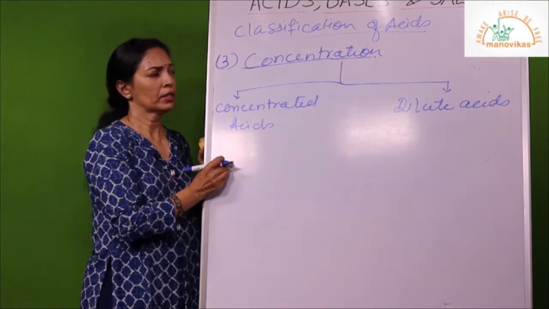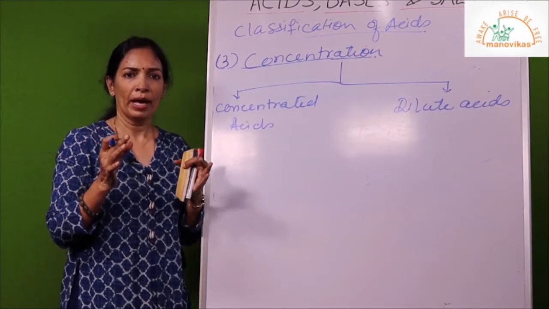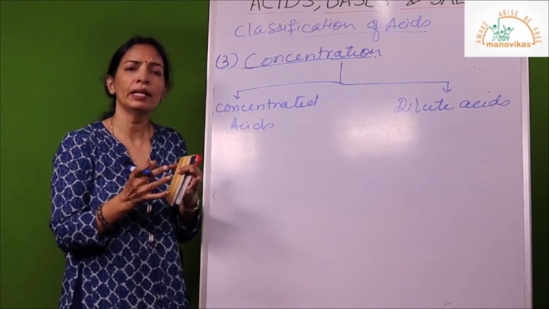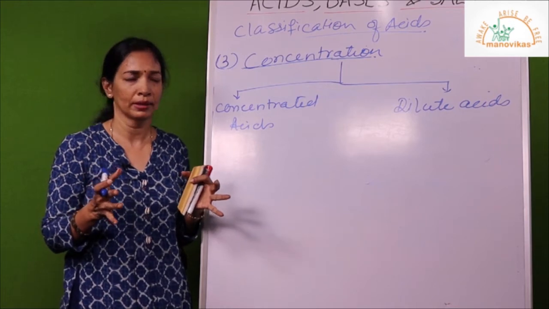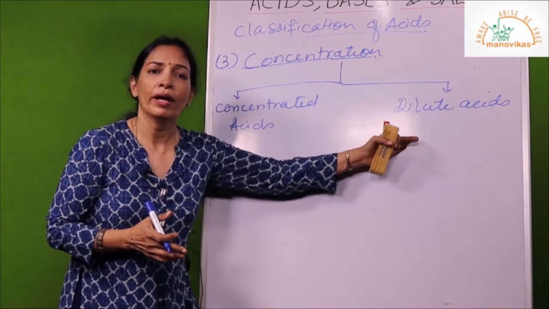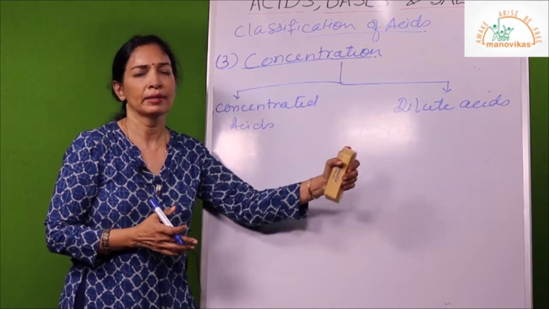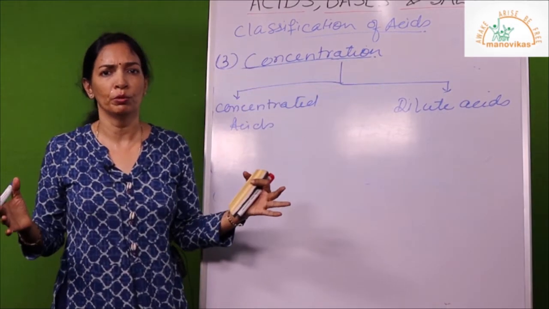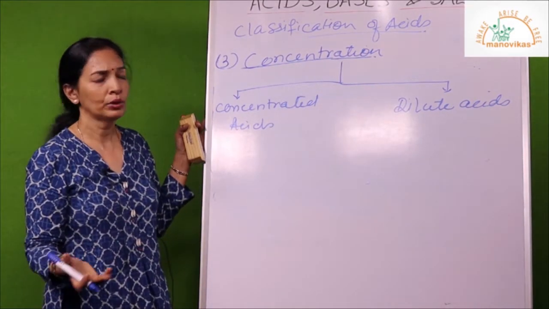Concentrated acid means in the mixture, water will be very little or none, and lots of acid is present. In dilute acid, compared to the volume of acid, a very large volume of water is present. So if water is more, it is called a dilute acid.